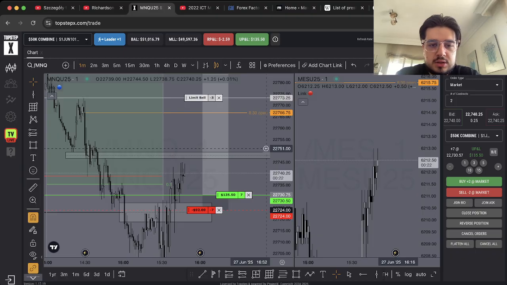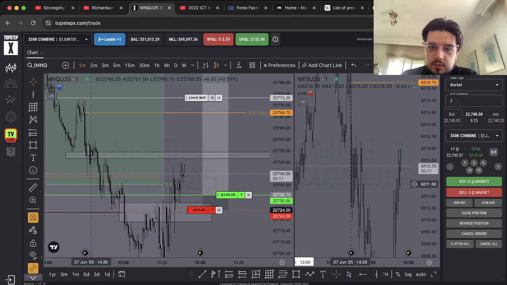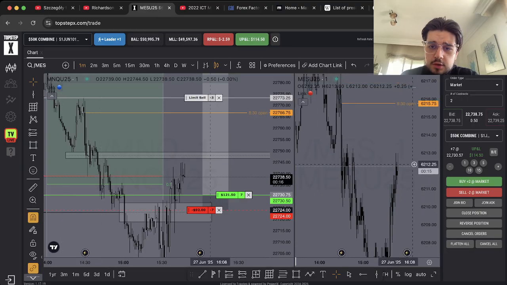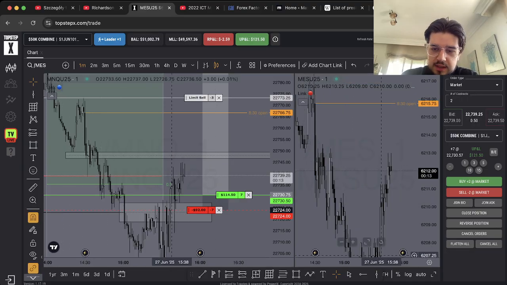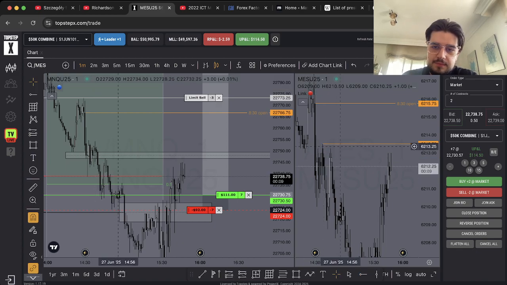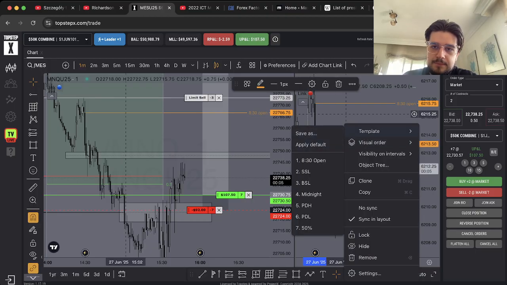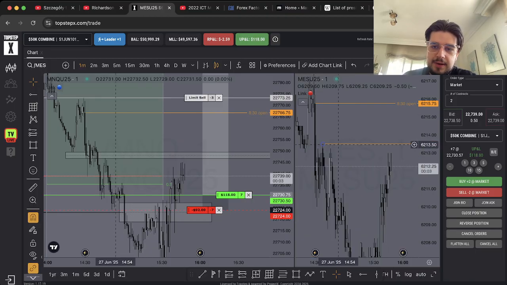I'm just going to tell you one thing that I didn't like about the trade: it happened before the macro, right? So before 1545. I mean, not before the macro, because the macro is 1550, but before the ideal time for me to trade.